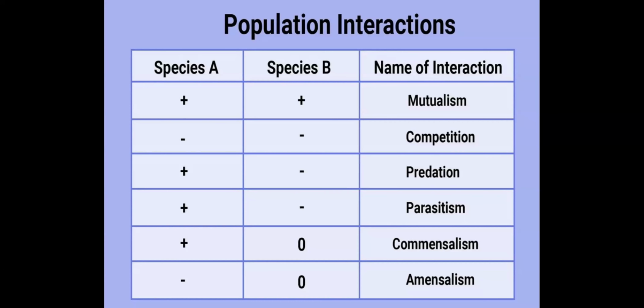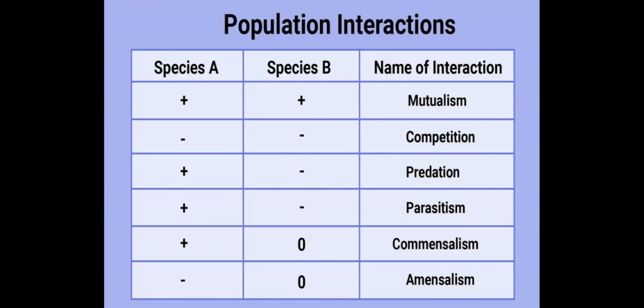Now the next topic is population interaction. A group of the same species is what we call a population. One population, meaning one species, interacts with another species.